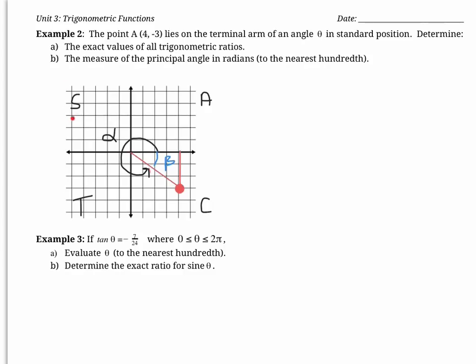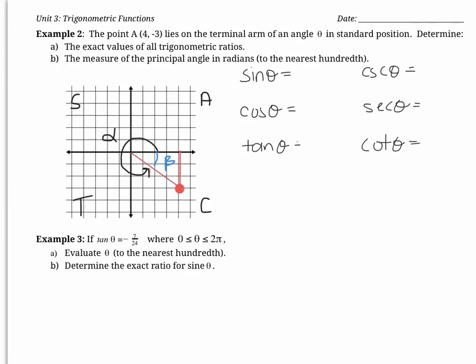In quadrant 2, sine ratios are positive, so sine and cosecant. In quadrant 3, tan ratios are positive, and in quadrant 4, cos ratios are positive. So we'll use our related acute angle to figure out our ratios, and then we'll use the CAST rule to make sure that we have the signs right.